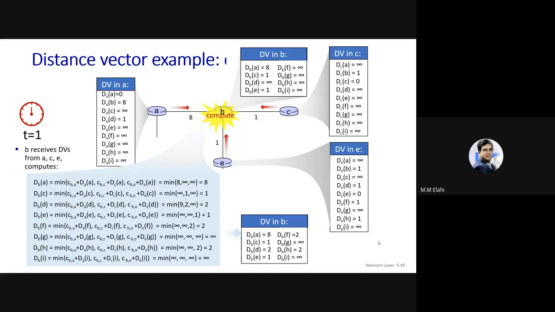Sir, the recalculation will then happen for all the other nodes, right sir? Right. That is why it is asynchronous. Whenever any node gets an update, whether it's about a direct link being down or an update from one of the neighbors, it will recalculate. So a router is a computer that recalculates 24 hours a day. If the router is up, it is always recalculating.